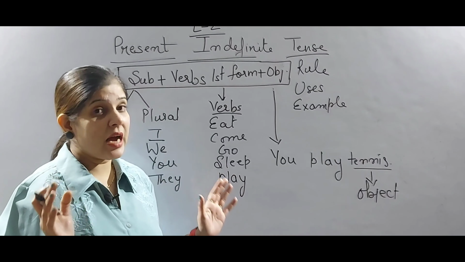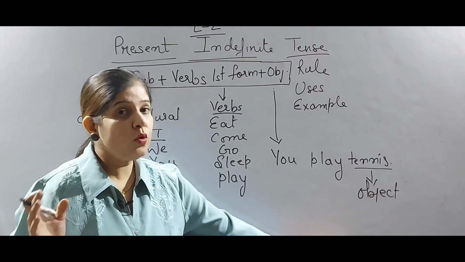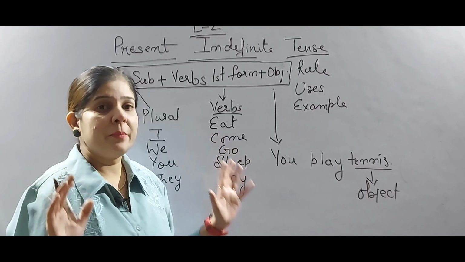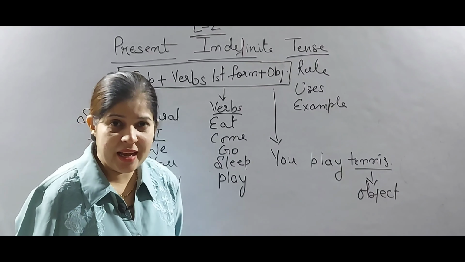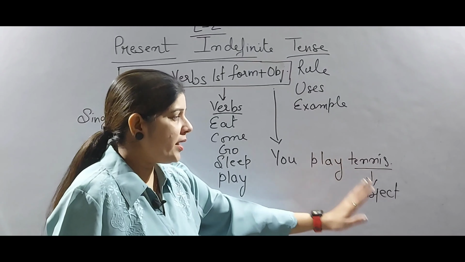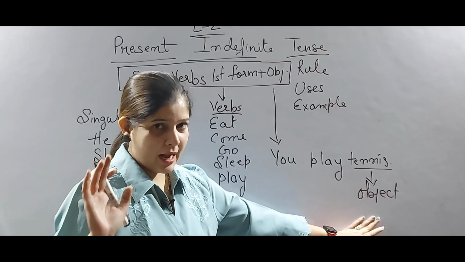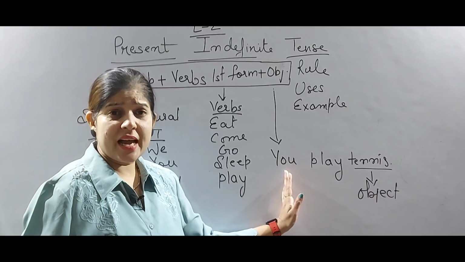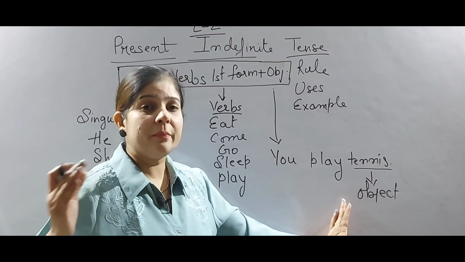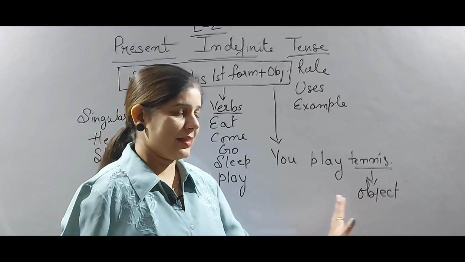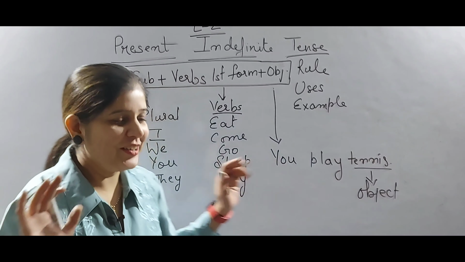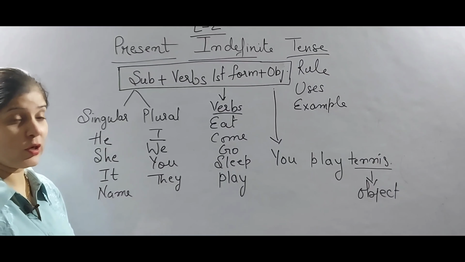Students, objects are usually nouns or pronouns. Nouns mean the name of anything. So again, it's the name of a game, so it's an object. Understood? Besides the subject and the verb, whatever is remaining in a sentence, that is the object. Right, students? Good. So I hope you understood.